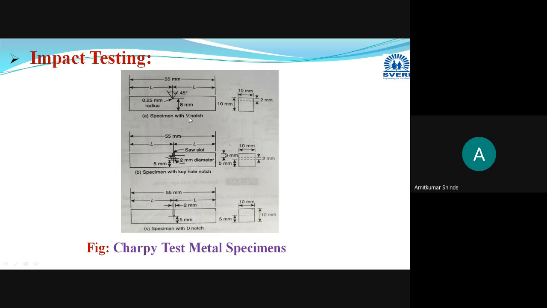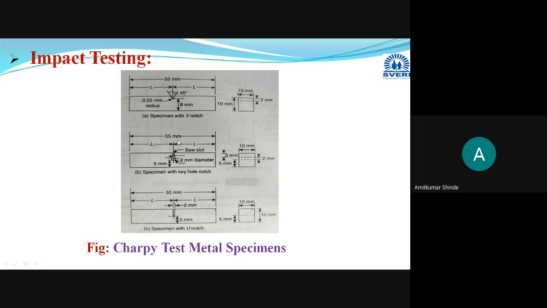Before discussing the notch dimensions, we will discuss the specimen dimensions. The Charpy specimen has a square cross section. The length will be 55 millimeter, and the thickness and width are 10 millimeter each.